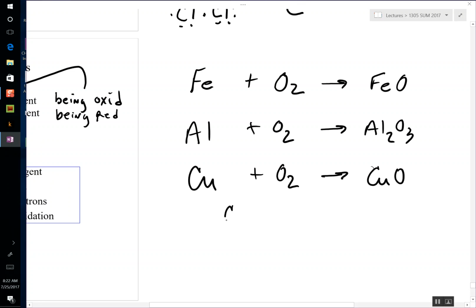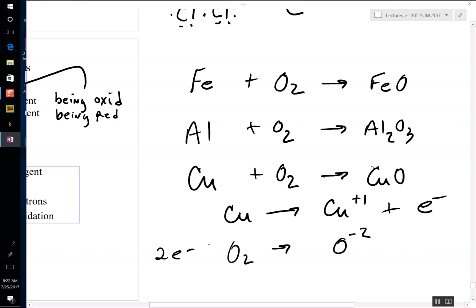The copper goes to, let's say, copper +1, losing an electron. The oxygen goes to -2, gaining 2 electrons. So the whole concept of oxidation and reduction comes from oxygen's ability to oxidize many things. That's where we got the name, oxidation reactions.